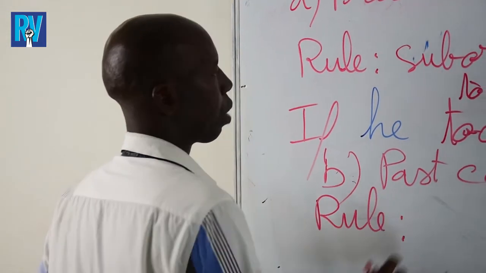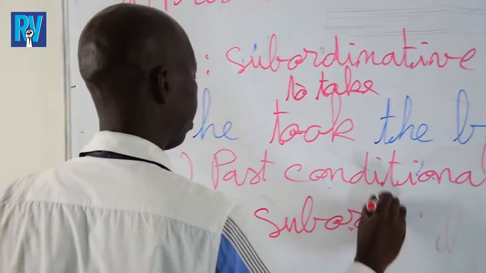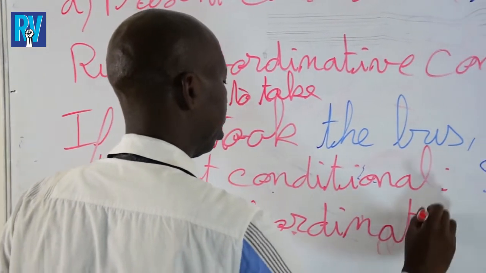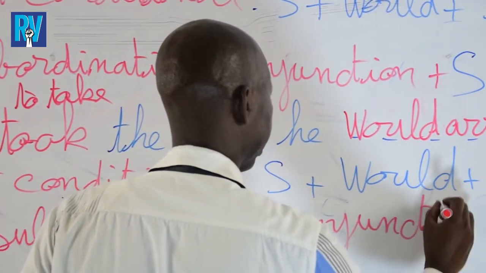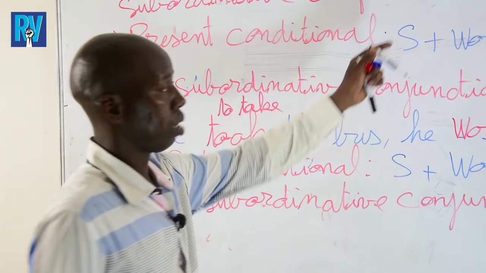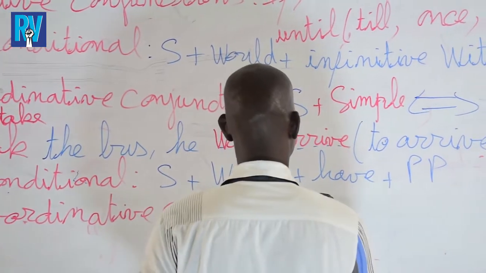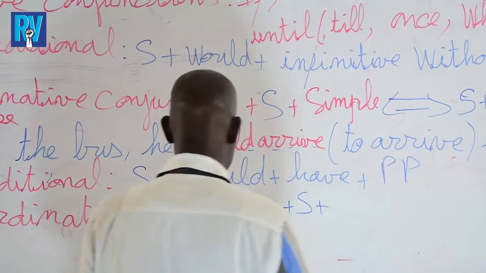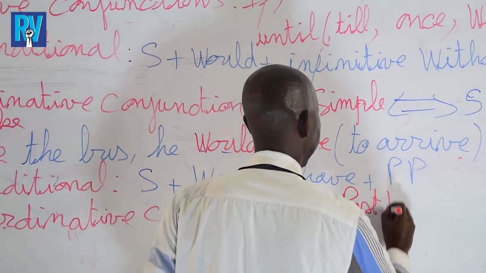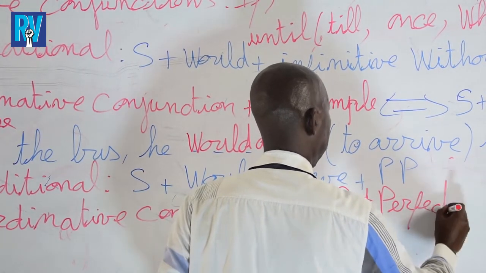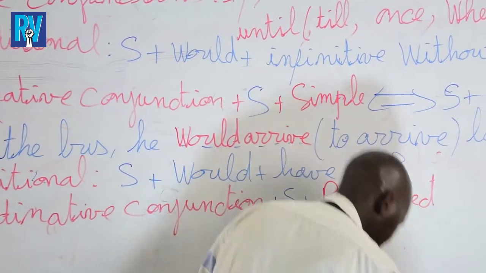When you have a subordinative conjunction. Quand on a une conjonction de subordination, if, etc., plus subject, plus past perfect. On dit had plus past participle. So, right?